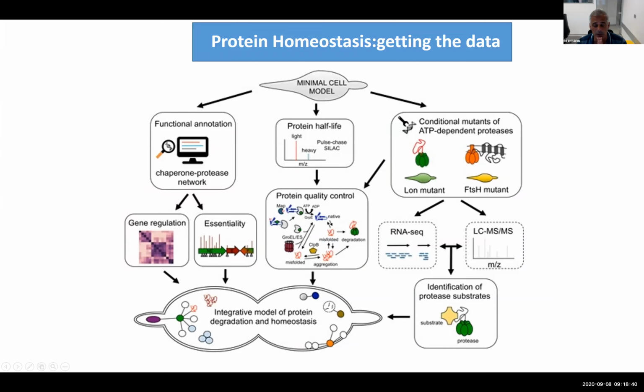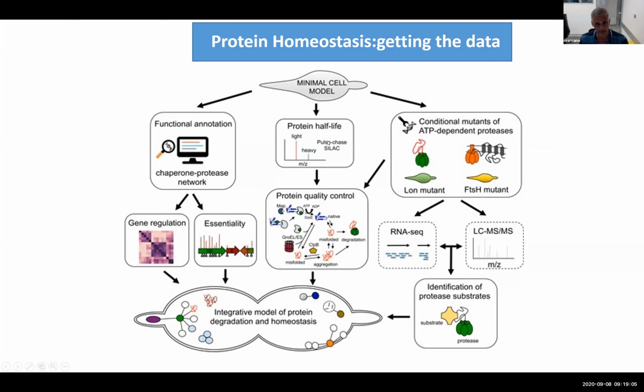So, as I say, we now have all the data for making a transcriptional model. The question is how to introduce these changes in supercoiling into a model, which I don't think is so straightforward compared with transcription factors. But here, what we wanted to understand is the regulation of protein levels, or protein homeostasis, in the cell. This is a summary of everything we did.